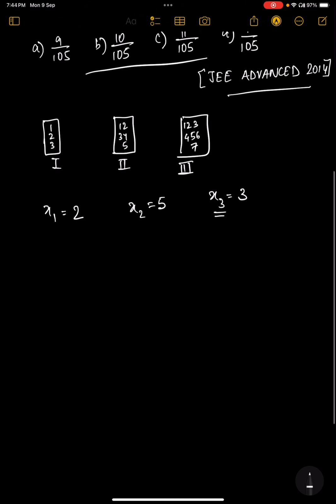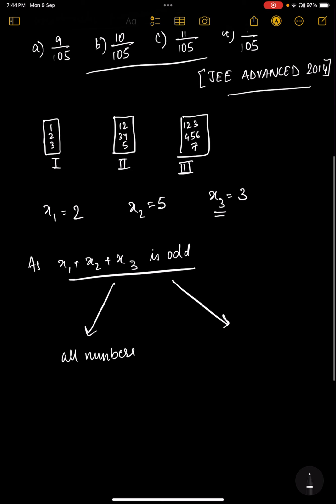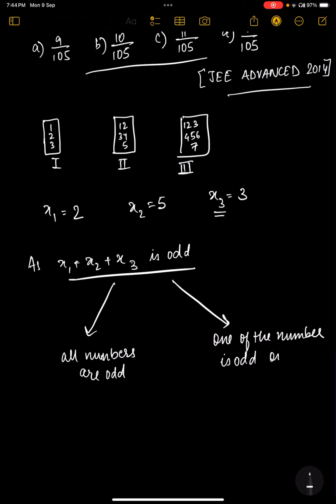So we'll see. Now we know that x1 plus x2 plus x3 is odd can only happen under two conditions. Condition number one is all numbers are odd. And in the second condition, one of the numbers is odd and the other two are even.